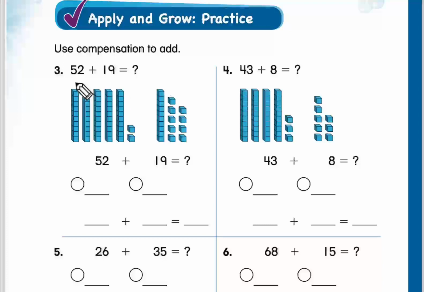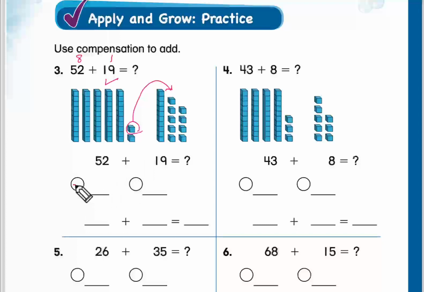We can make this 19 into 60, but we need 8 to make it 60. We can make this 20, but we need 1, so this one is better. So make the 19, make it 20. Take 1 from the 52 and give it to the 19 to make it 20.